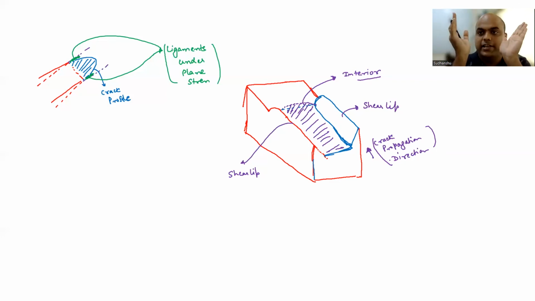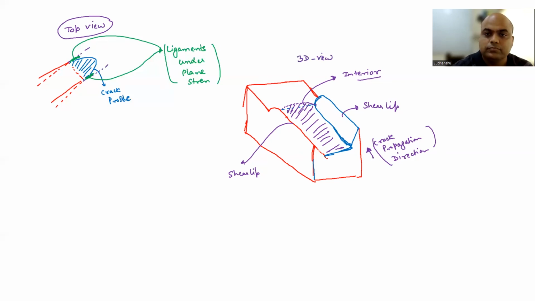You form a shear lip, and inside your crack front is higher. Okay, so this is the top view, I would say. If you see from the top, the crack profile is going to look like that, and this is the 3D view. So this whole thing is called the tunneling effect.